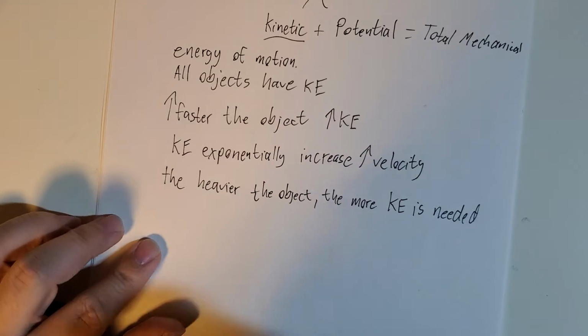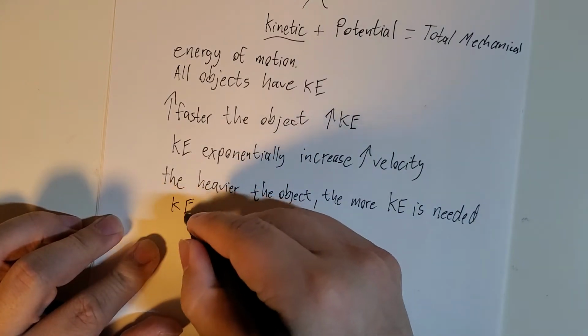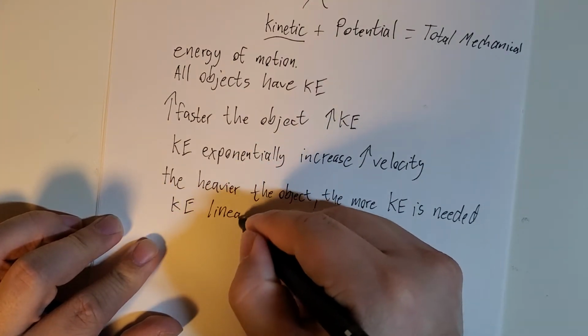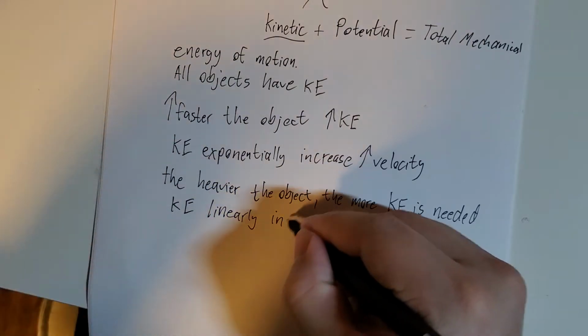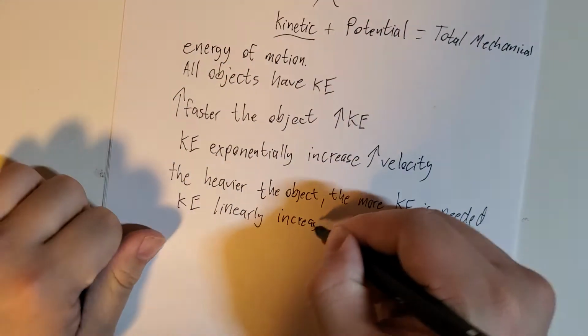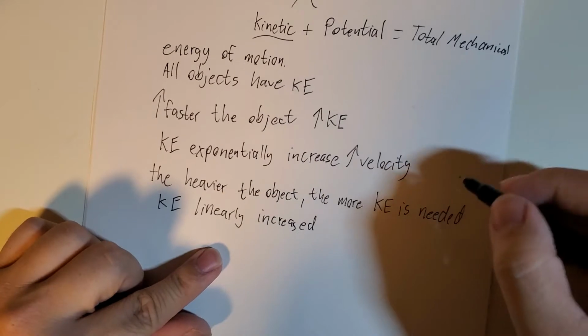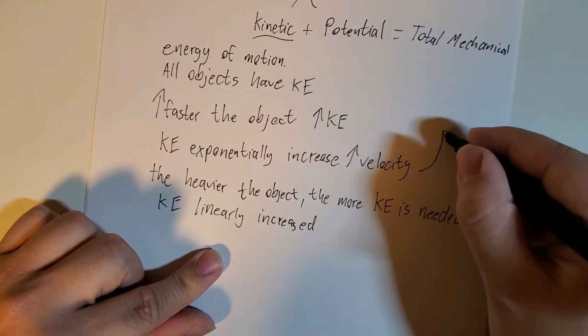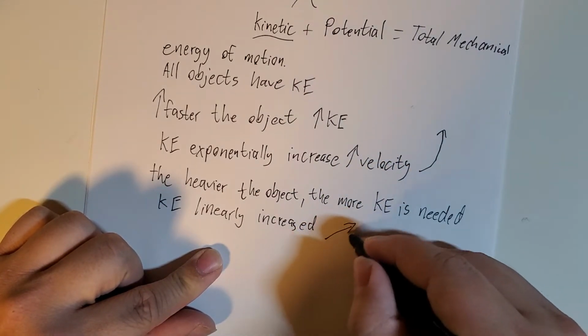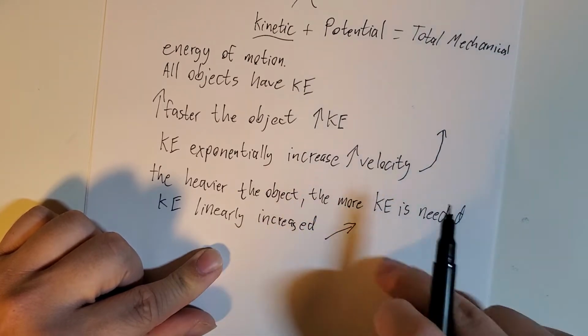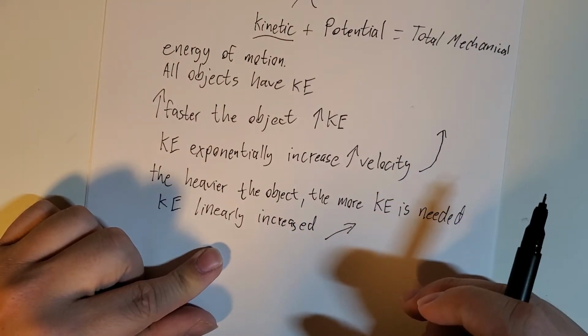In particular, it is linearly increased. An exponential means that it increases faster, whereas with linear, as you increase mass, there is a bit of a ratio, and it just goes up by that much.